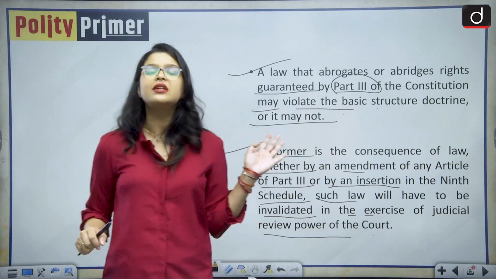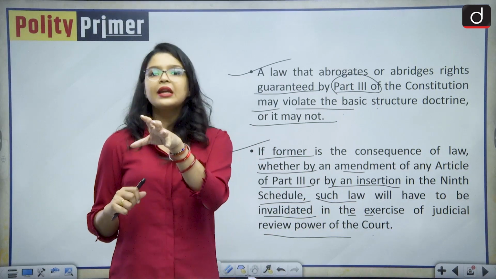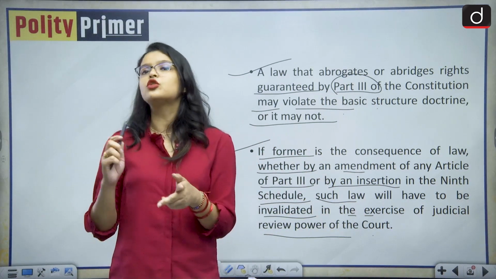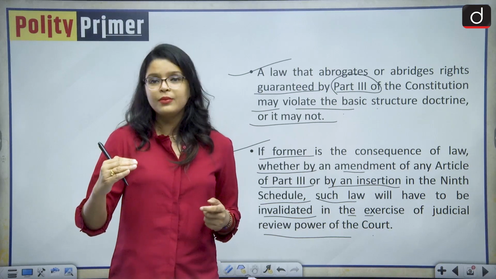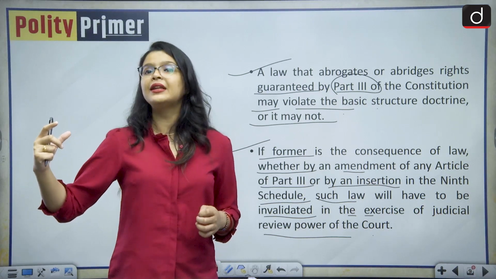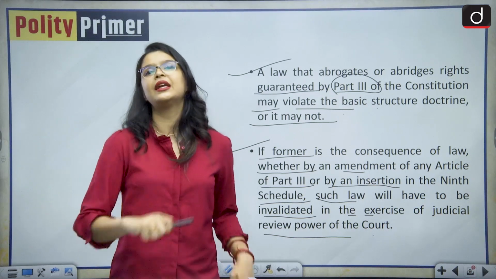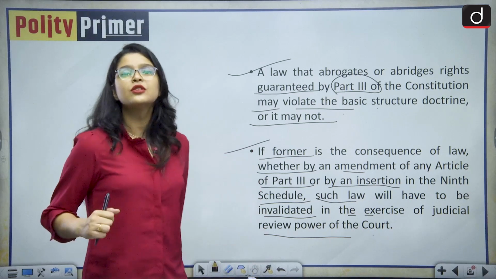So this is what I just explained to you, that if any law is violating the fundamental rights or basic structure doctrine, even if you insert it through a constitutional amendment or by utilizing your power in the 9th Schedule, it will still be invalidated by the power of judicial review of the Indian Supreme Court.